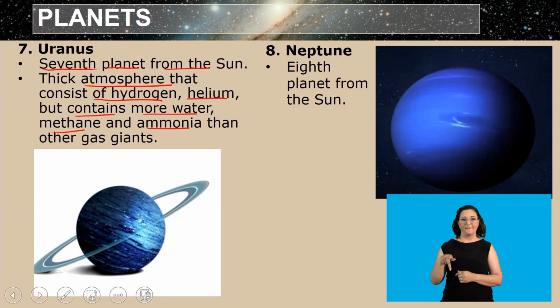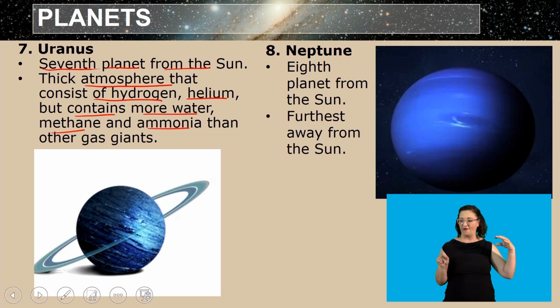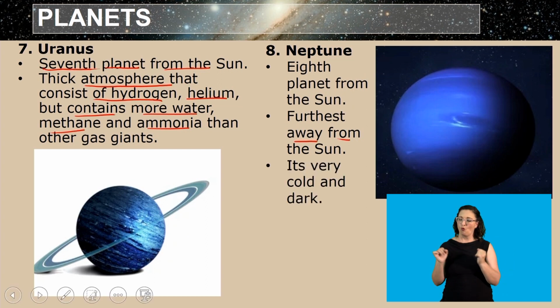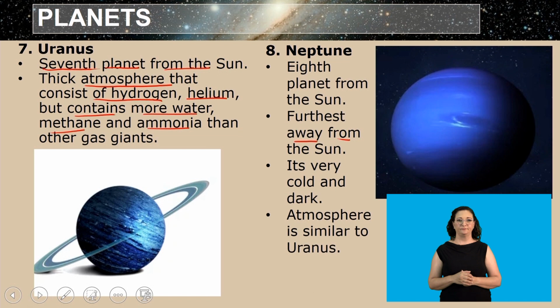Let's move on to the 8th, which is the last planet in our solar system, which is Neptune. It is the 8th planet from the sun, and it is the furthest away from the sun, as we have seen. And then it is very cold and very dark because light cannot reach that far away from the solar system.